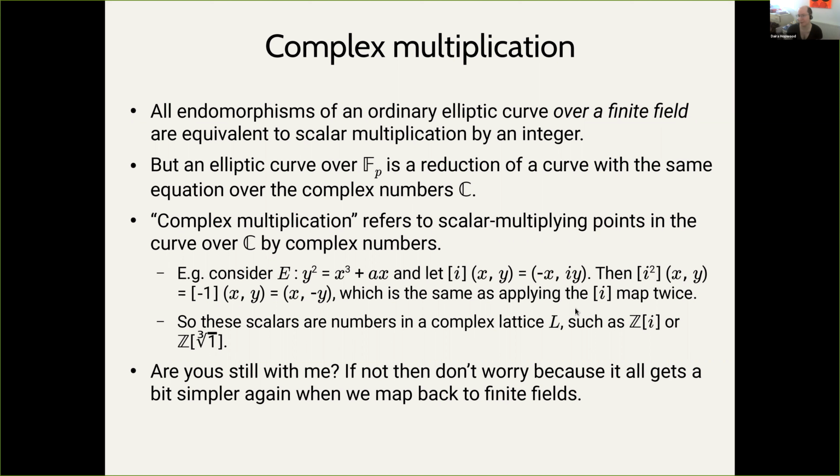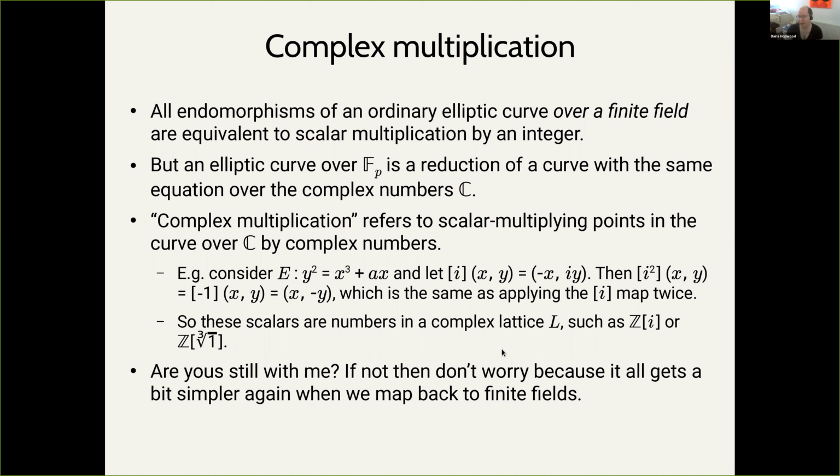Multiplying by i is this. So let's just check that this definition works. If you scalar multiply by i squared, well, by definition, that's scalar multiplying by -1. So that gives you (x, -y). But if we apply this map twice, we also get (x, -y). So that works. The definition works.